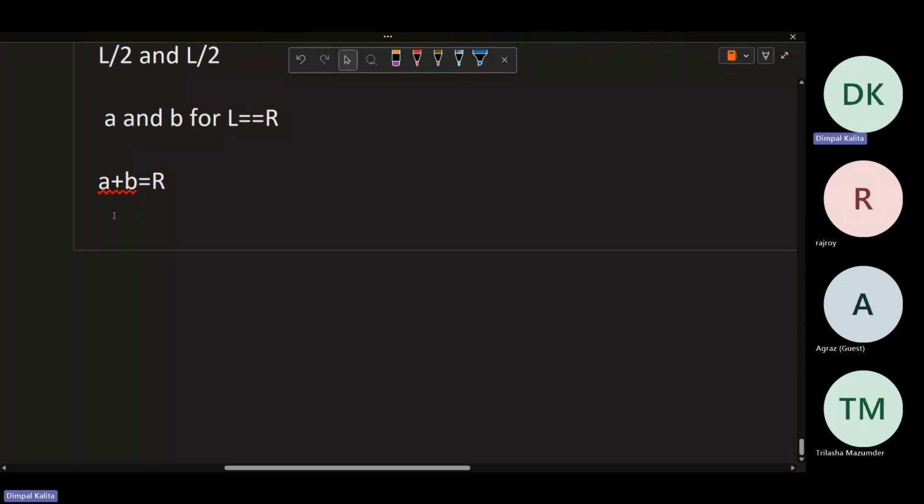And A plus B equals R, and the GCD of A and B should be greater than R. Okay, the question gets a little simpler. Now I just have to find for these two conditions only.